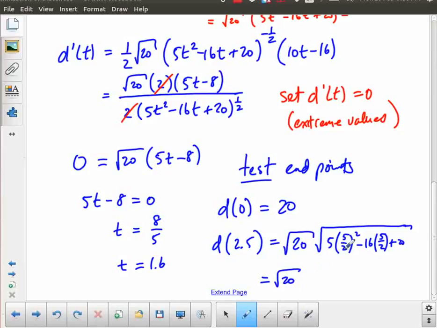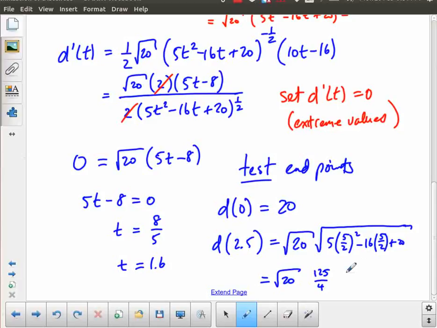So this one ends up being 5 over 2 all squared, which is equal to 25 over 4. And then 5 times that 25 is equal to 125 over 4. And then we've got 16 over 2, which is just 8.